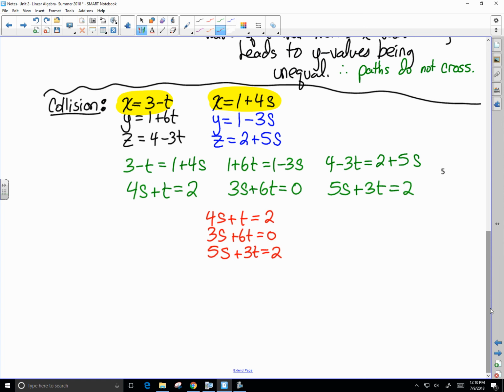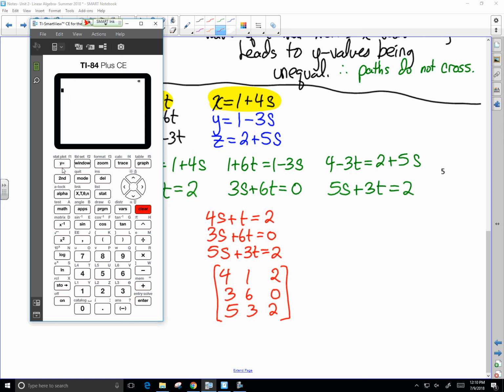We can just go right to the augmented matrix now that I'm looking at it this way. The RREF should be pretty easy. I think. Hopefully.